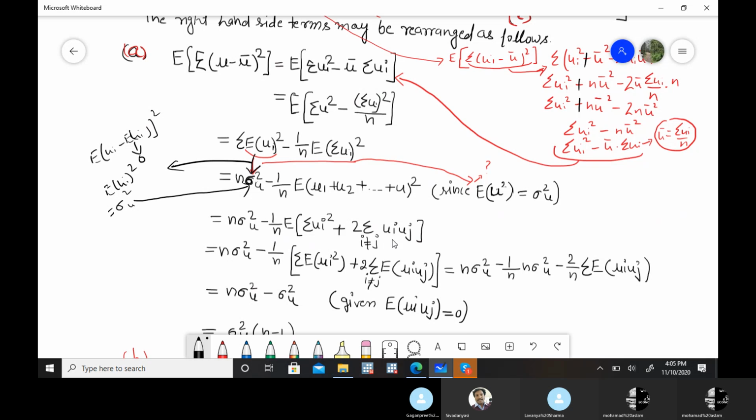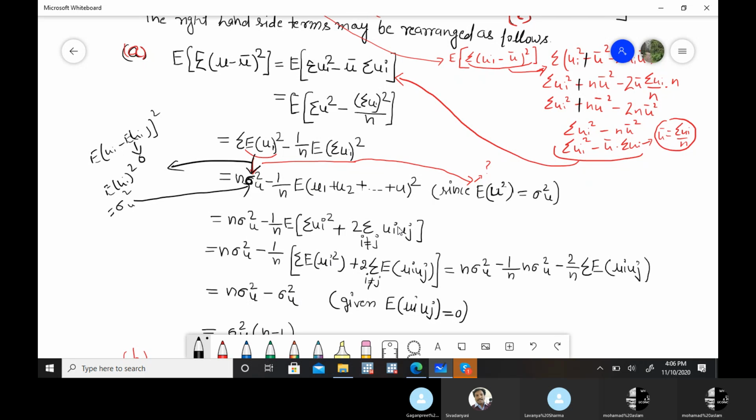And this particular term, by assumption, we have the assumption of no autocorrelation, so this is equivalent to 0, so it will cancel out. So we'll remain with this part of the equation only. And again, this expectation of ui square is, as we did here, sigma u square, the variance of the residual term.